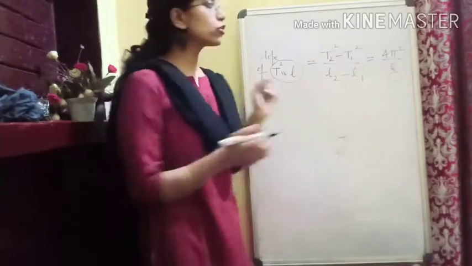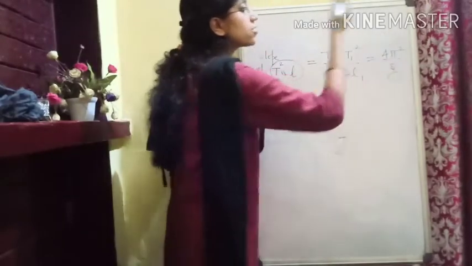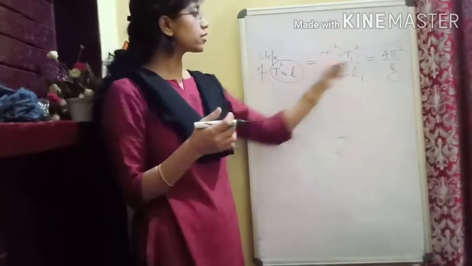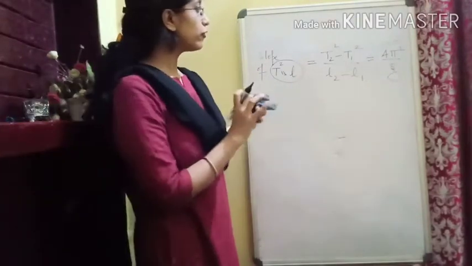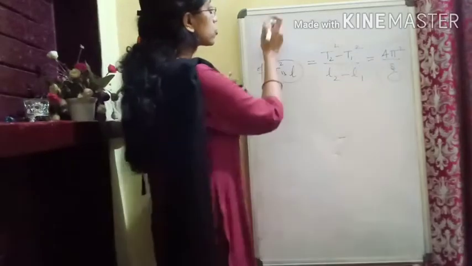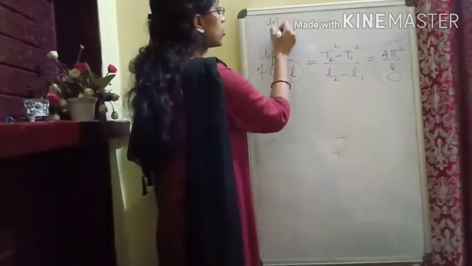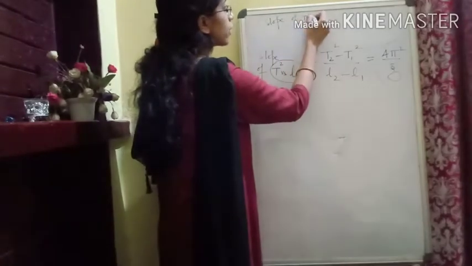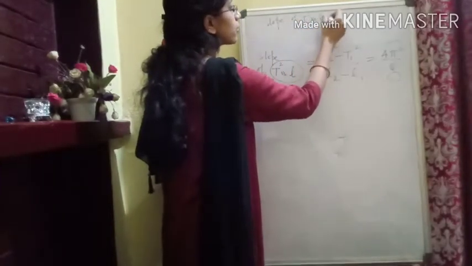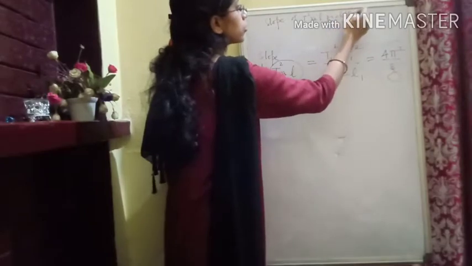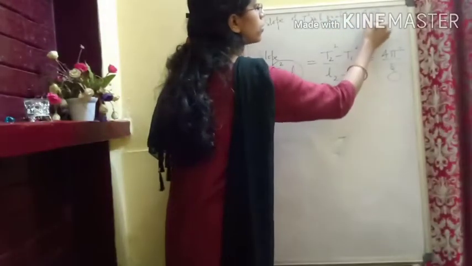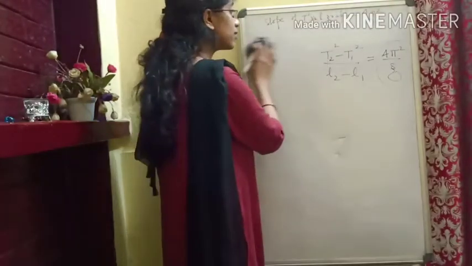So the whole thing is constant, and that is why the slope always came constant. The slope of the t square versus L graph was experimentally 4 pi square upon g, where g is acceleration due to gravity.